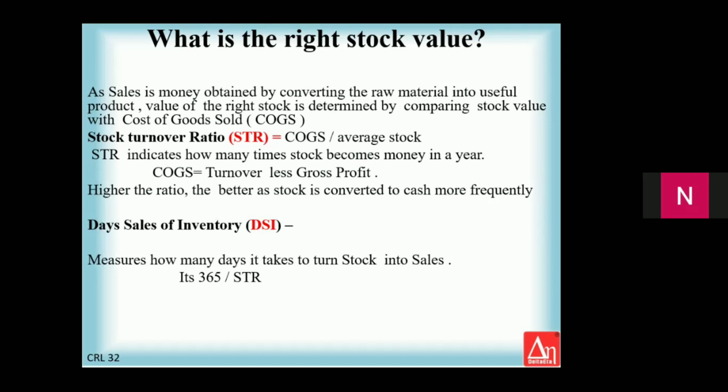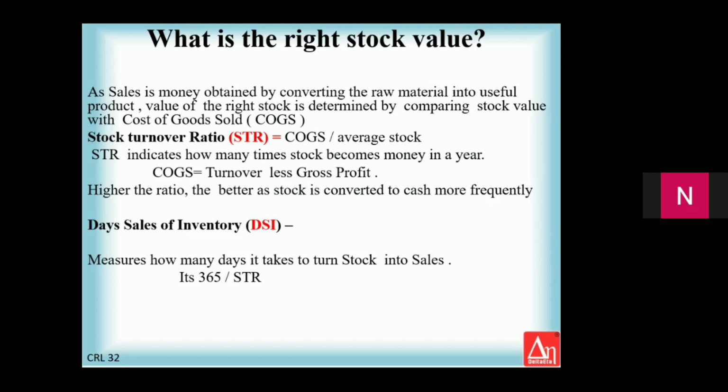Now, in the stock turnover ratio, STR, we saw that the higher the ratio, the better for the company, because it means the stock is getting converted into cash more frequently. This is what we want the STR to be. Now, in DSI, the STR is in the denominator.